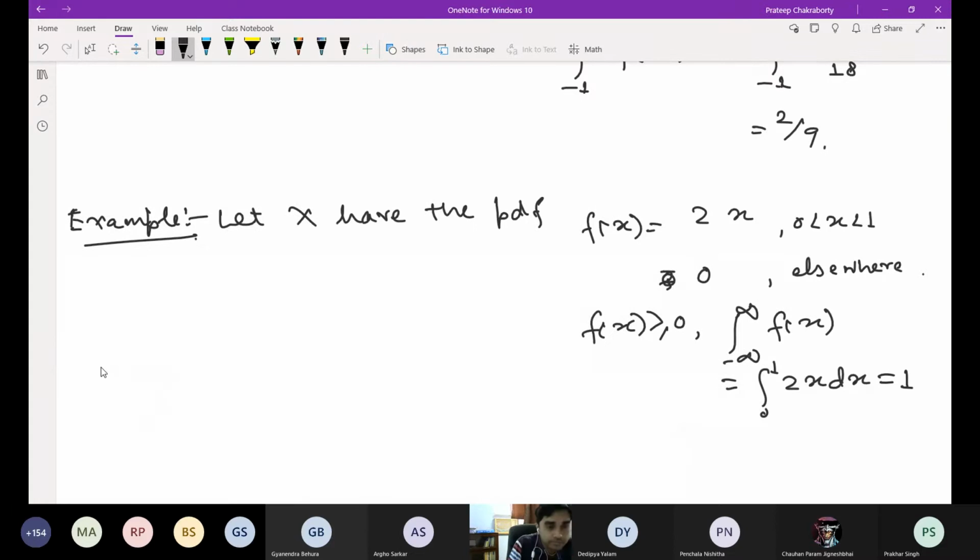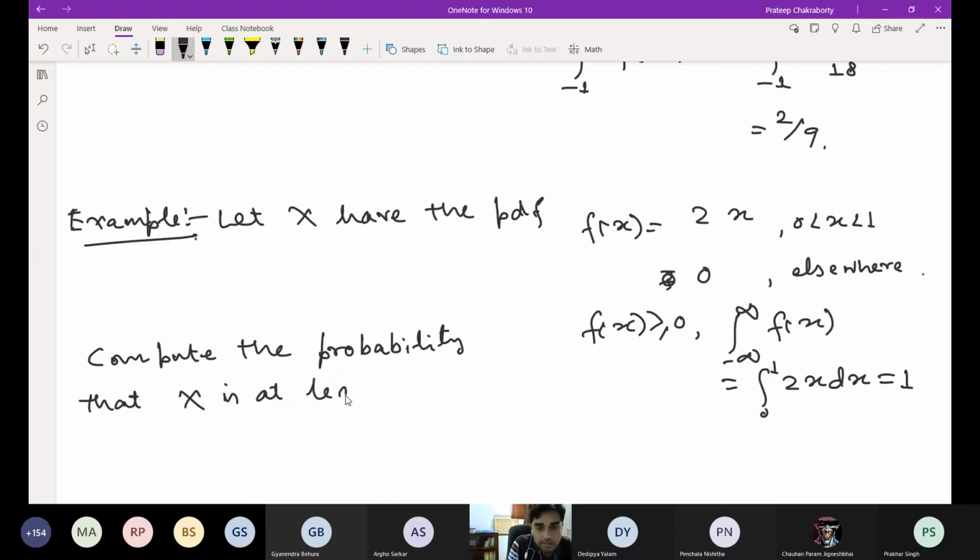Now compute the probability that x is at least 3/4, given that x is at least half.